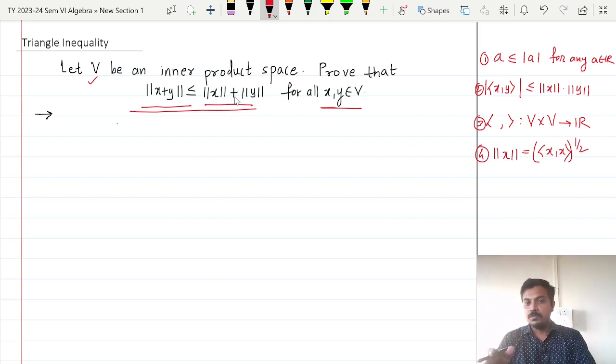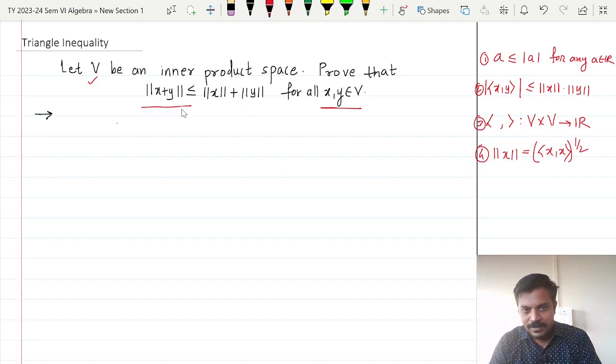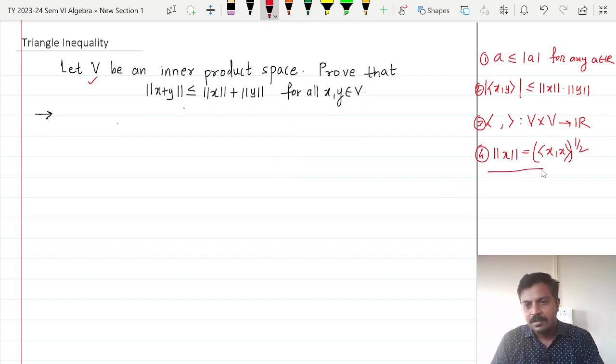Now in order to prove this, we will need some prerequisites that we will recall. Firstly, we should know what is norm of x. So norm of x is nothing but inner product of x with x raised to half.